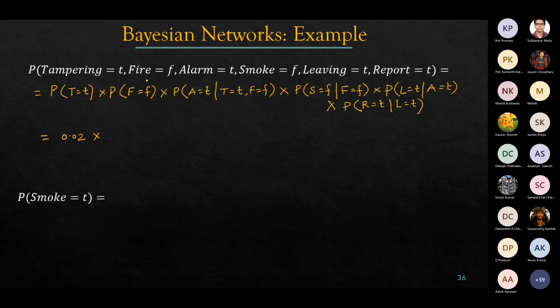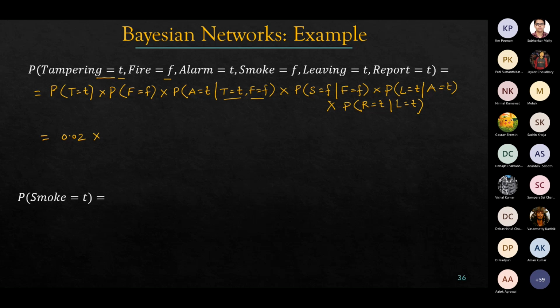Okay, so I understand your doubt. Here we are already setting these values. You want to know exactly the case where tampering is equal to true and fire is equal to F. So this is the value that we are trying to compute. I'm not interested in other values. So that's why they will be conditioned on the instantiated variables.